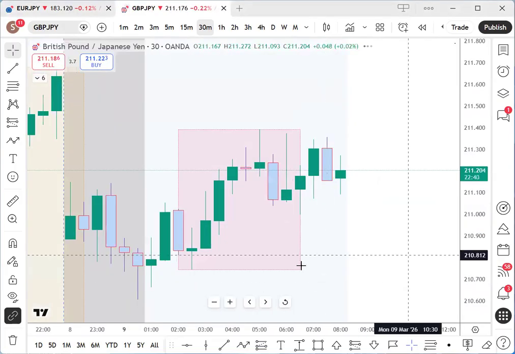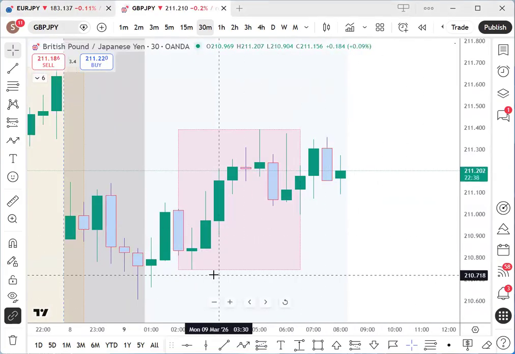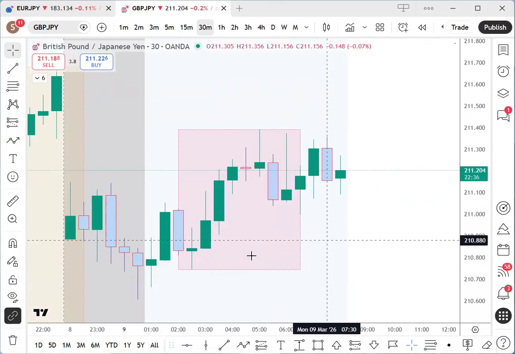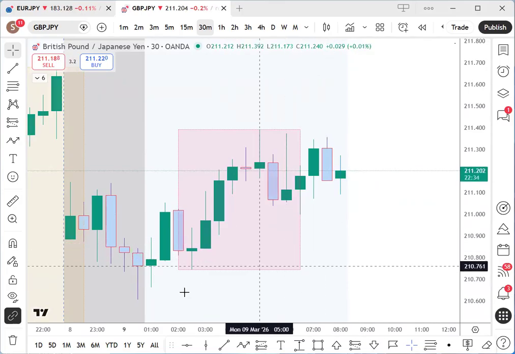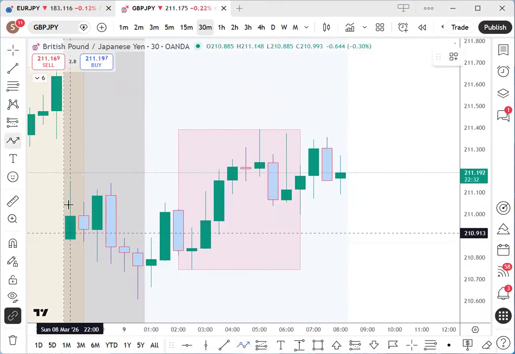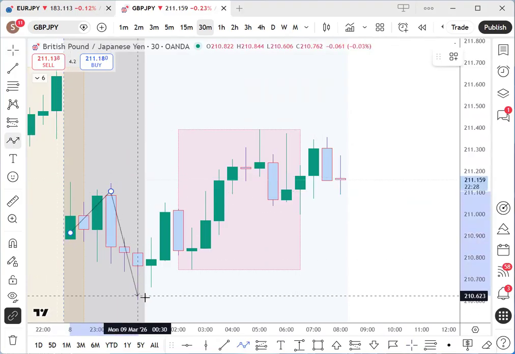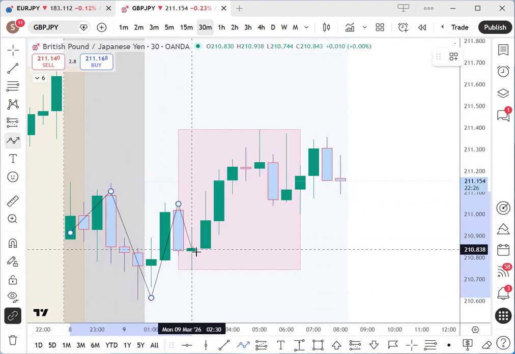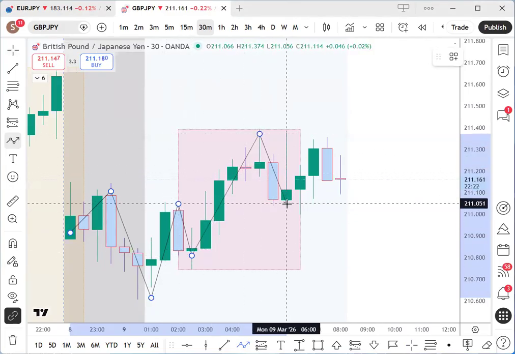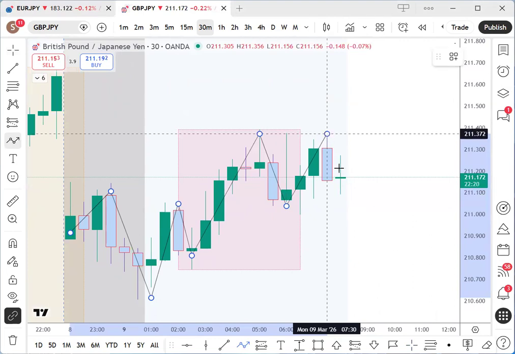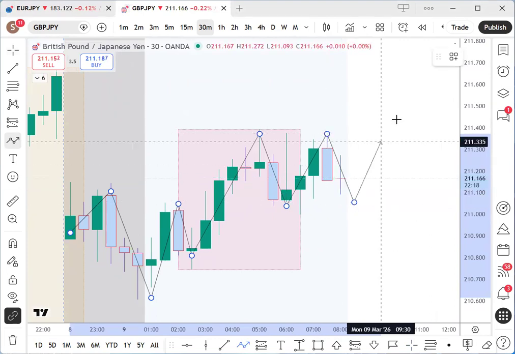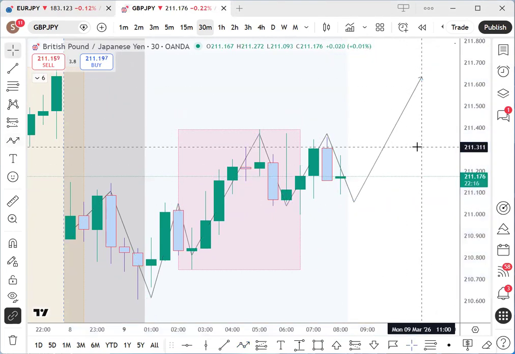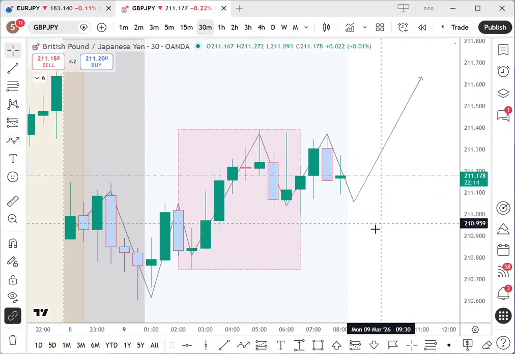Okay, so let's look at what the next price action is doing. This is pound yen. Okay, so for pound yen, what did price do overnight? We had a nice gap there. So it pushes up, comes back down, pushes up a bit. We have a market structure shift right there. And it looks like it may want to go back up to that level.